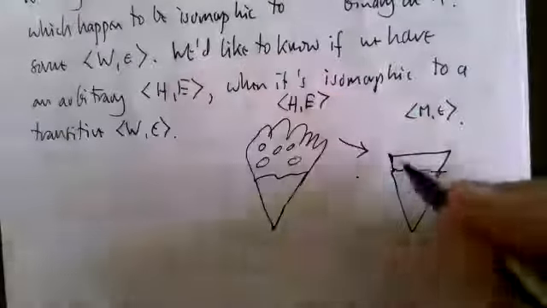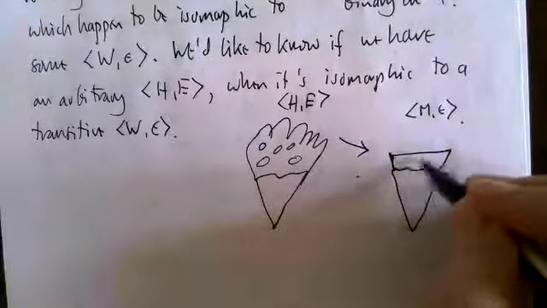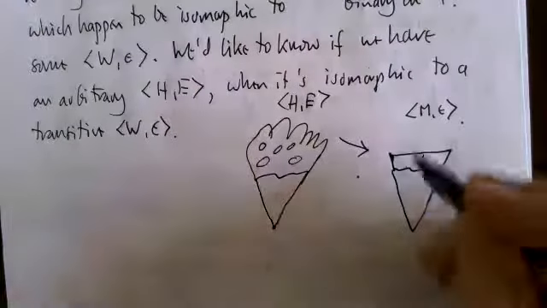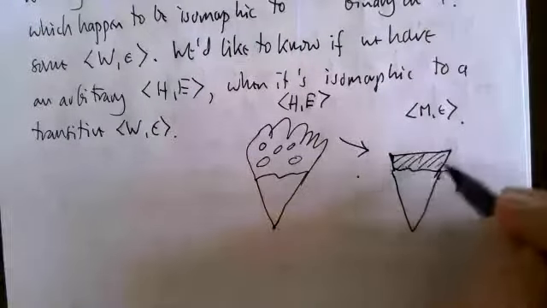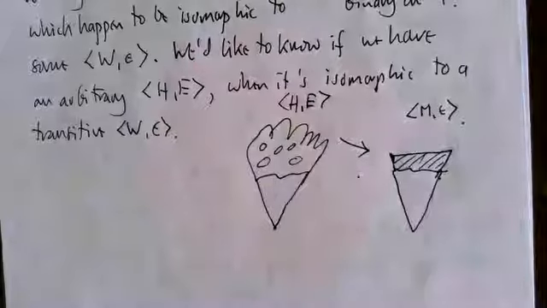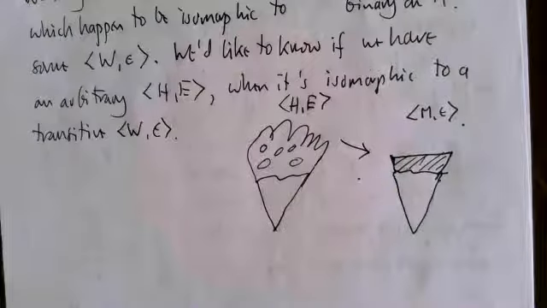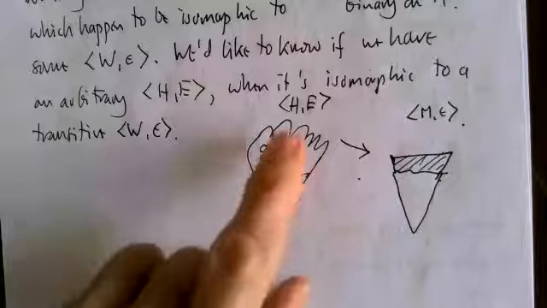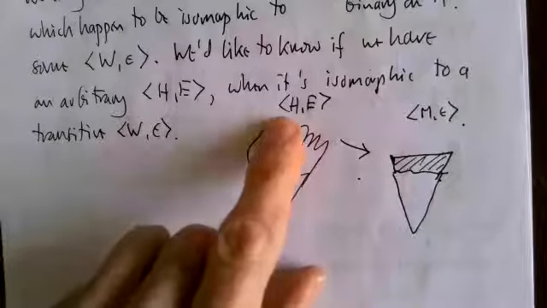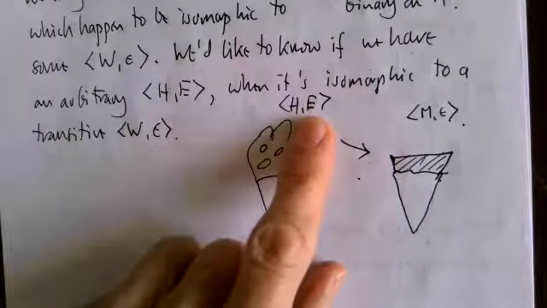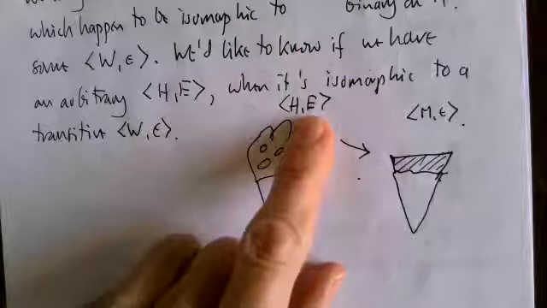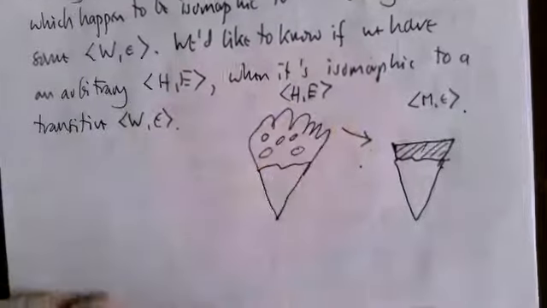I can squeeze this top part down so all of this becomes this over here. And in general, I could have here some X and some set membership epsilon, which is not transitive. That's an example.